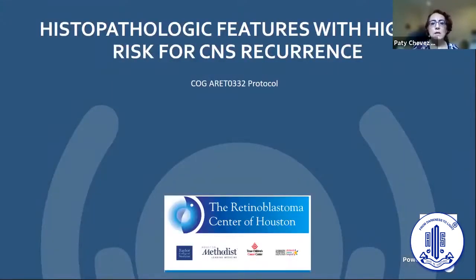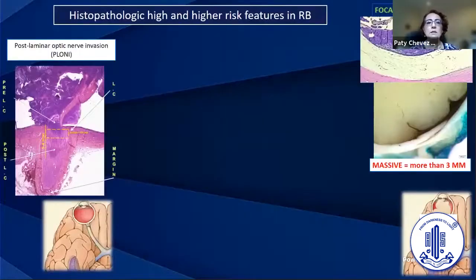Now, to end my participation, we are going to talk about our findings in the prospective trial of more than 300 patients with unilateral retinoblastoma and histopathology. So why are we looking at this? Dr. Abramson made a very good point in his talk.